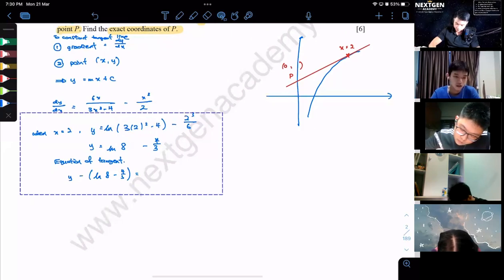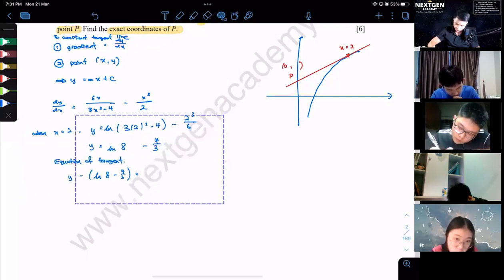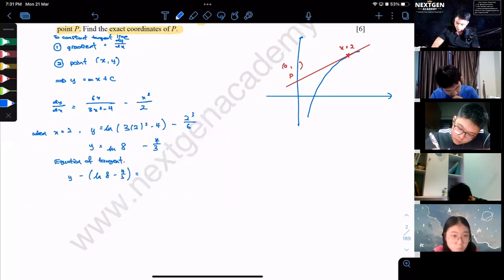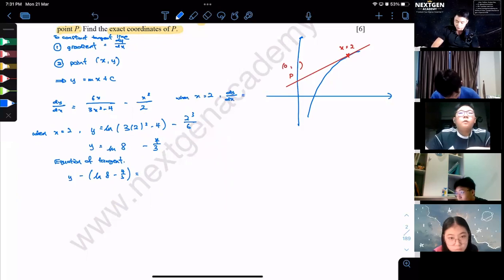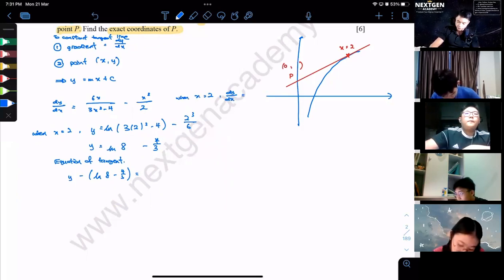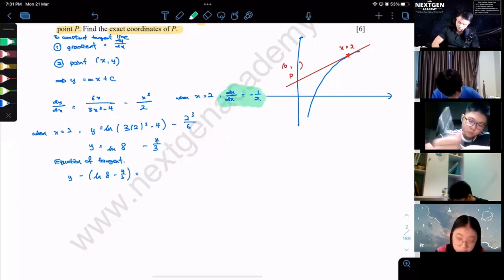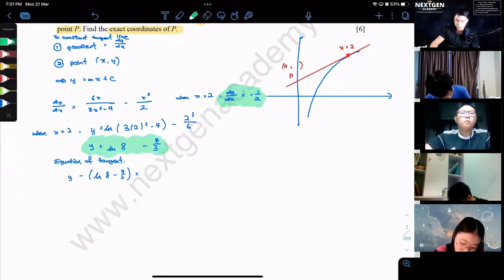You all see, just now I only found the dy/dx expression, right? Never mind, I write it right beside here. So when x equals 2, my dy/dx, if you all sub it in, you should get negative 1 over 2. So I have this, and then I have x equals 2.